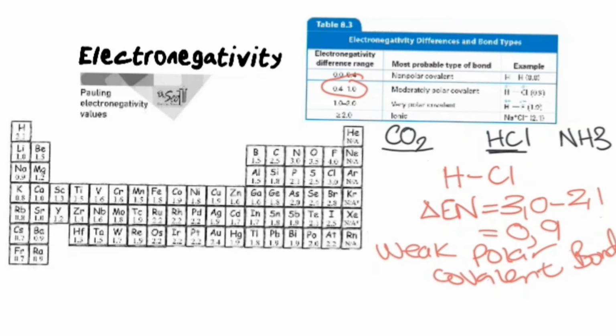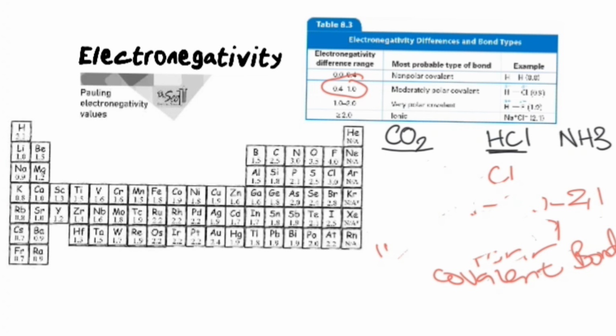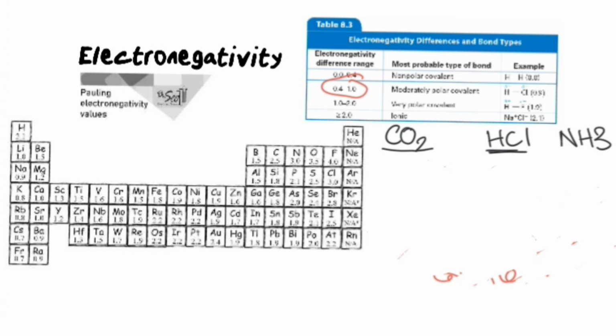All right. So now I'm going to do the last example, which is ammonia. Just for some reference from grade 10, NH3 is called ammonia.